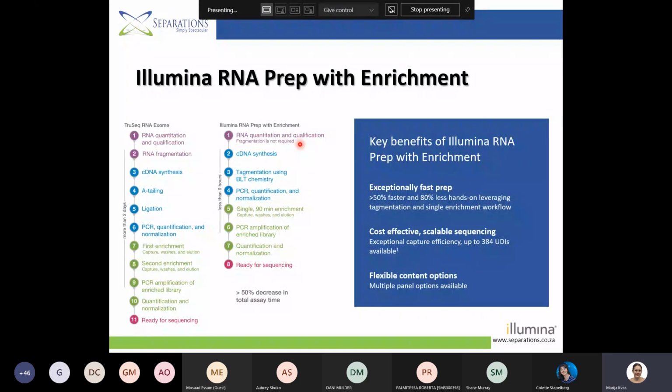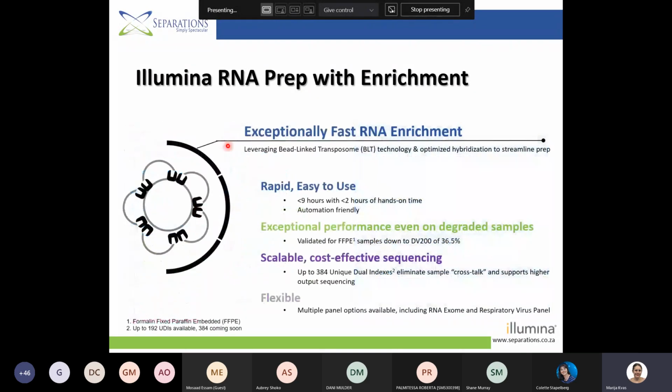We need to convert our RNA into cDNA, but then we would use that transposon that we use in Nextera library preps. We would leverage transposon technology to actually create that library, so to fragment and tag our DNA, right?